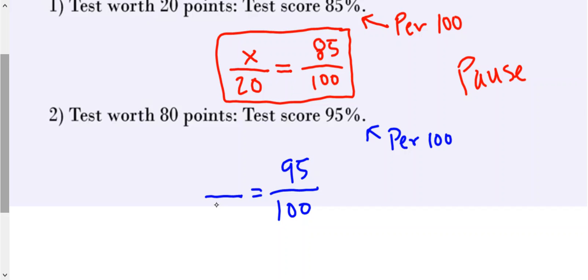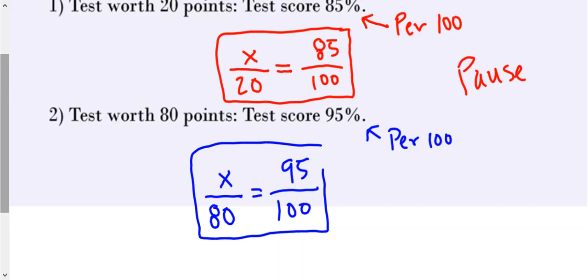The total is 80 points, so that'll go on the denominator. And the number of points that we need to earn in order to get a 95 is unknown, so I'm going to use x as the unknown. Solving this proportion would tell you how many points out of 80 you need to get in order to get a 95% on your test.